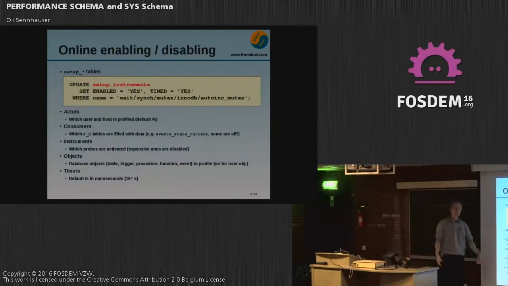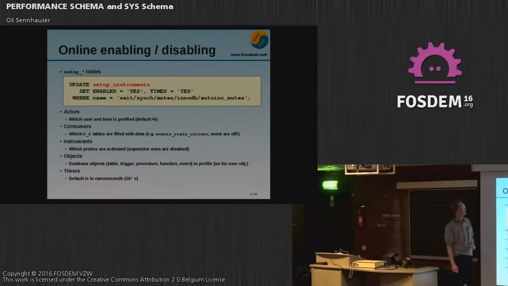So now you have the MySQL daemon up and running. It's configured properly. And now, that's a new concept: you have to enable or disable different features in the performance schema. And these are the setup tables. We have setup_actors, setup_consumers, setup_instruments, setup_objects, and setup_timers. And you do this with update statements.